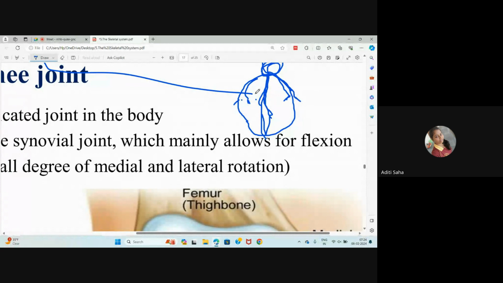This is the left side of that person and this is the right side of that person. In the anatomical posture, the limbs of that person are open and we can see the palm. Let me show you the anatomical posture from Google.